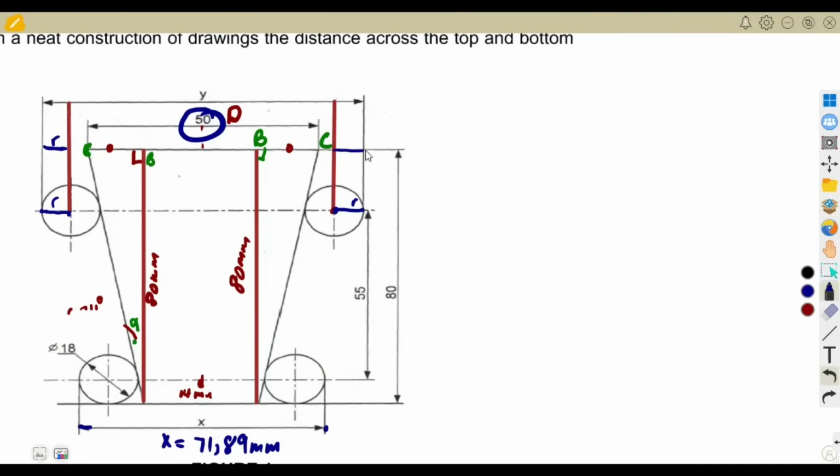Let me remove this. That was our point C. We know that this is our point C here. You see that the distance that we want in between is a combination of the radius.